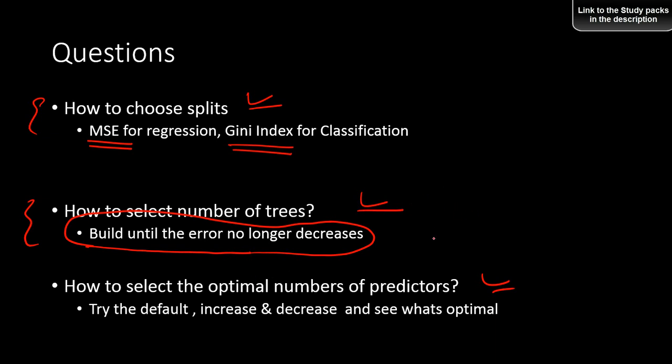Given the computational power available to us, we should simply maximize the number of trees; the more trees, the more likely we are to get a better model. How to select the number of predictors? We have already said. We just try the default value, whether it's the square root of k or k by 3, depending on whether it's a classification or regression problem, and then you can slightly increase or decrease and see what is optimal.